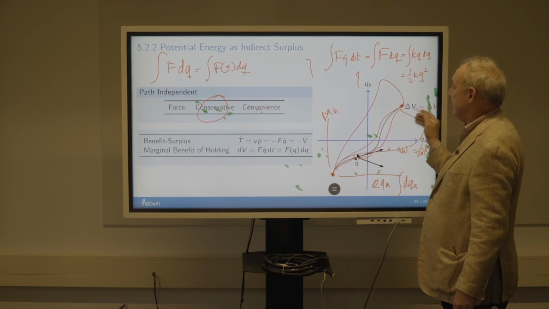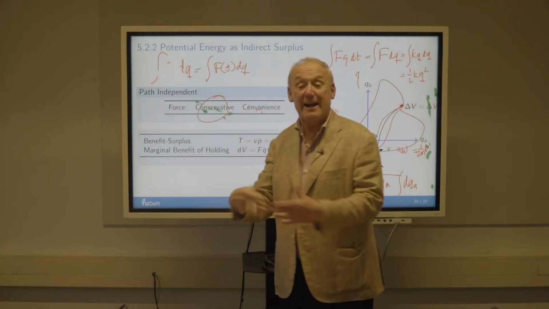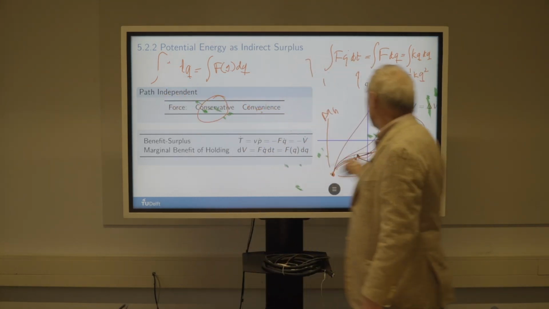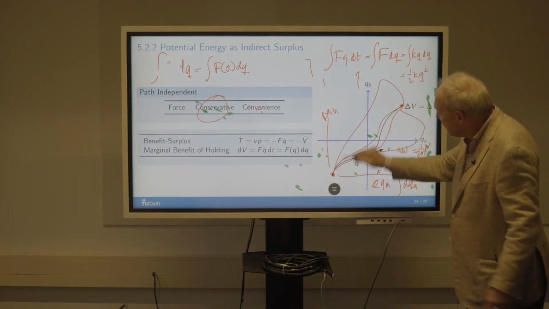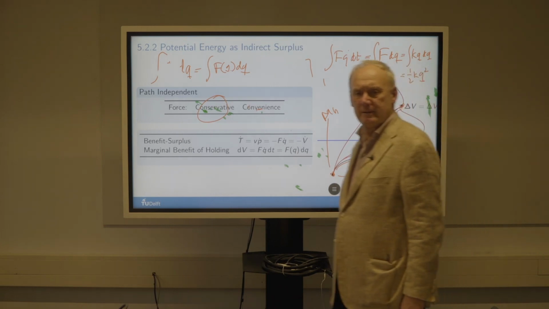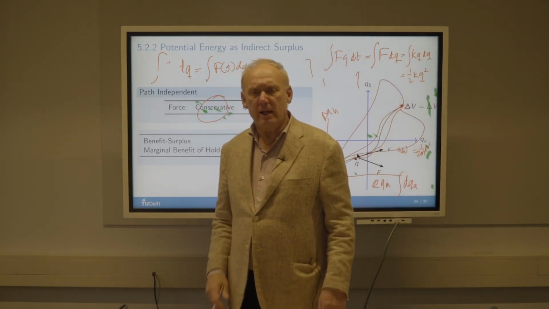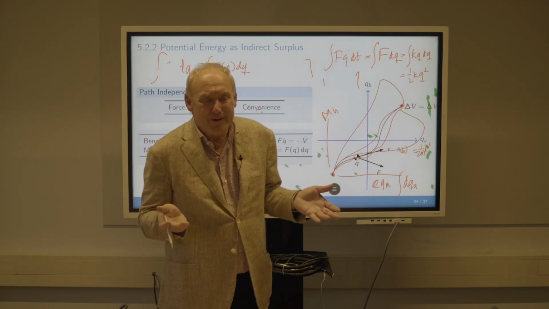But what about this integral f dq? Is that actually going to give me a number here? Now, if you go along a path, of course it is. But what if I take another path? Will it give me the same number? No. If I have this, it would. But not in general.